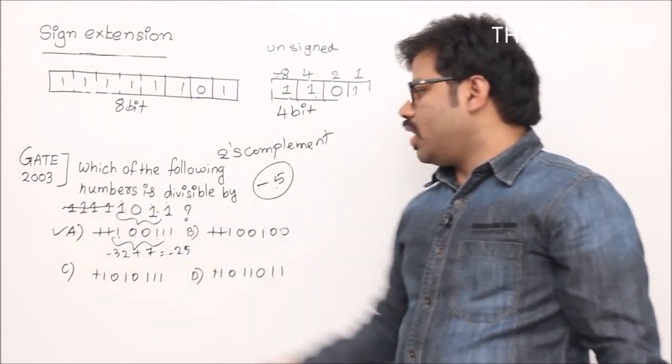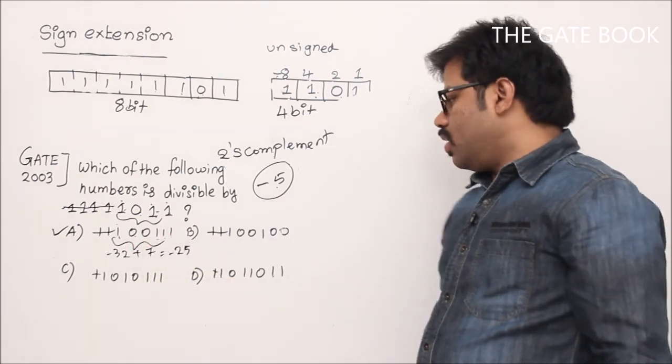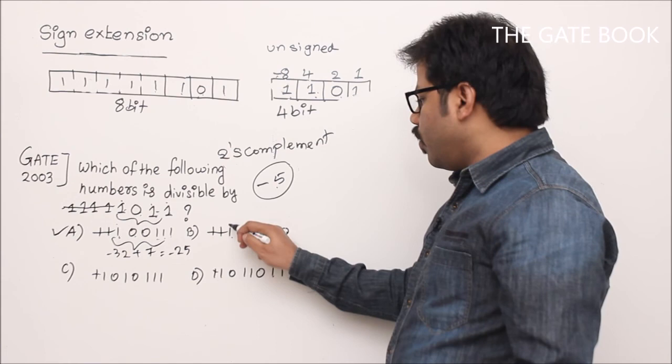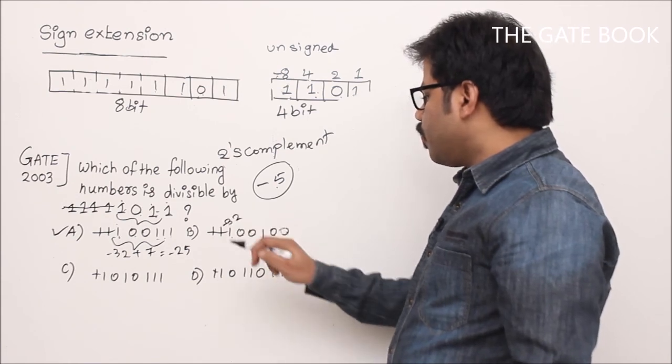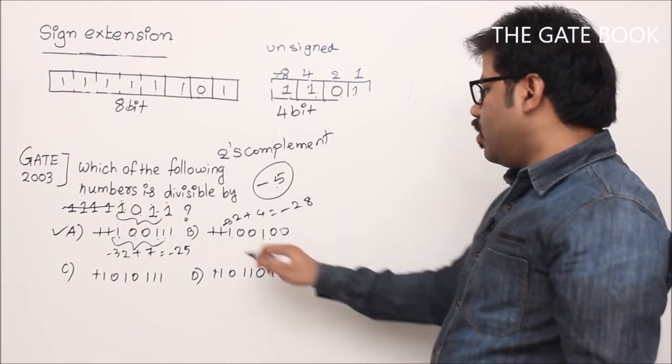So the question is really which is divisible by minus 5. A is divisible. See this one: 2 power 0, 2 power 1, 2 square, 2 cube, 2 power 4, 2 power 5, which is minus 32 plus 4, minus 28, which is not divisible, cancel it.